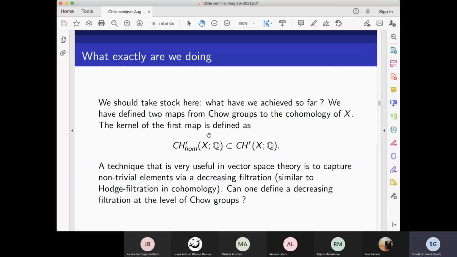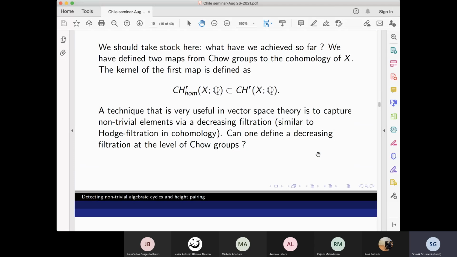So the idea is, can one define a decreasing filtration at the level of Chow groups, much like the decreasing filtration for cohomology? That's the big idea, and it's not so easy. In cohomology theory it's easy because the cohomology groups are finite dimensional and have the PQ decomposition, so one can define a decreasing filtration. Not the case for Chow groups, unfortunately.